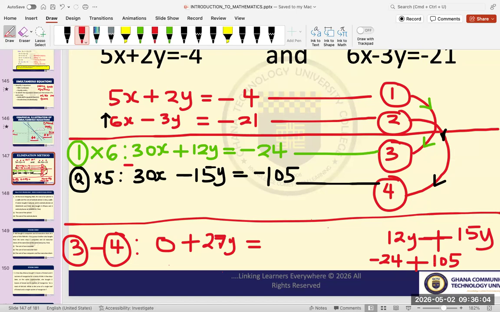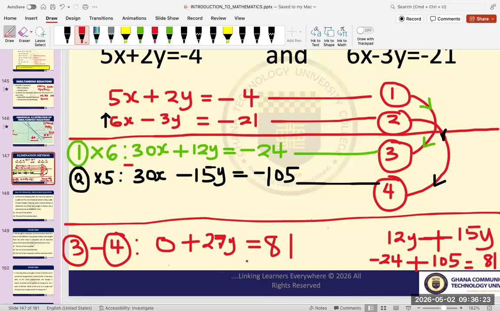Then at the end of the day, if you do this on your calculator, negative 24 plus 105, you get 81. So this will give you 81.